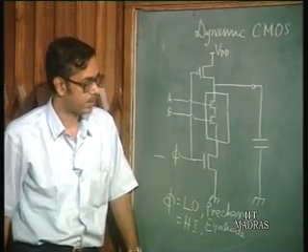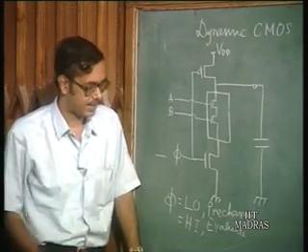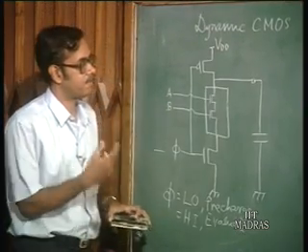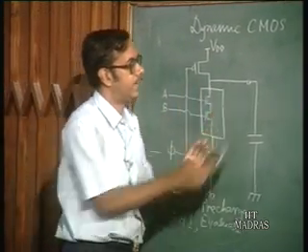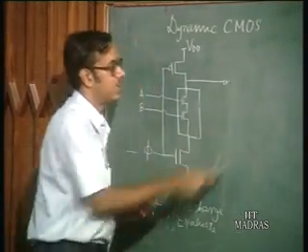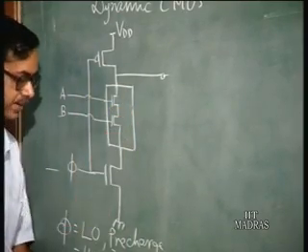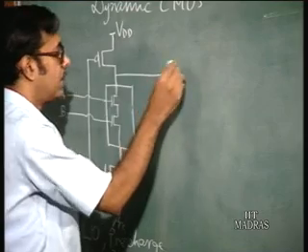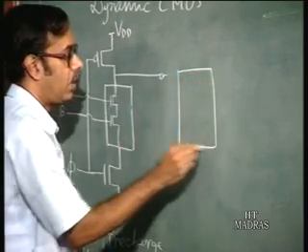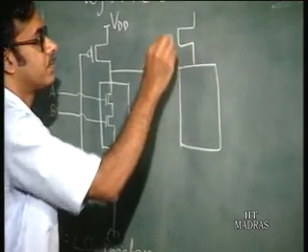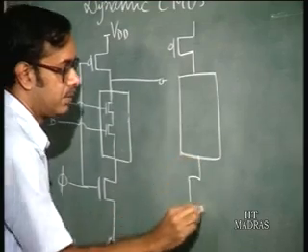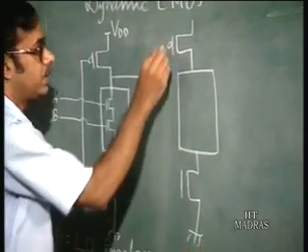So this is dynamic CMOS. But this circuit has certain disadvantages. Suppose, for example, this particular circuit is driving a similar dynamic CMOS gate. For example, you have another n block and a similar circuit.